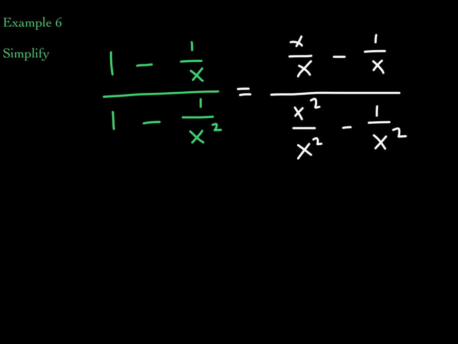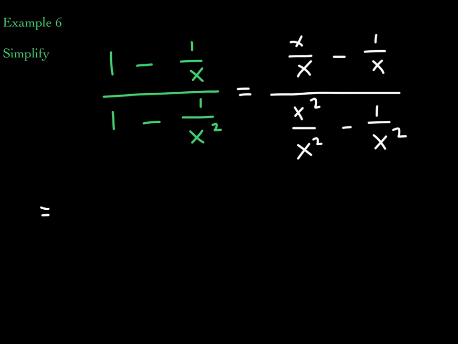All right, so the number 1, written as a fraction whose denominator is x, is x over x, right? That's 1. This one, written as a fraction whose denominator is x squared, is x squared over x squared. Of course, this is 1. But now we can actually do the operations.